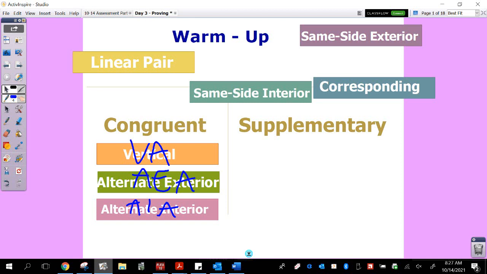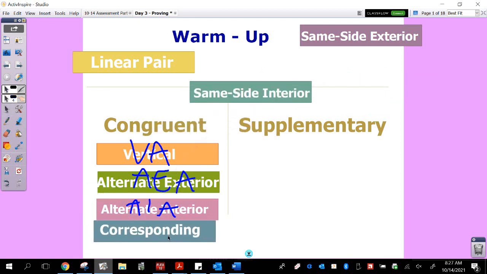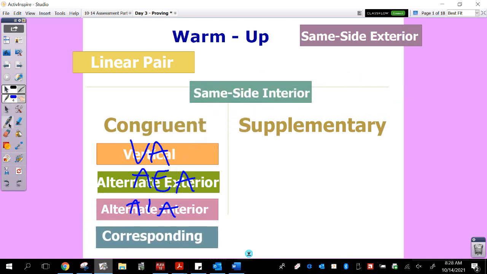And CA. Kimberly's over here whispering to me. CA is also congruent. Congruent, CA. C, C.